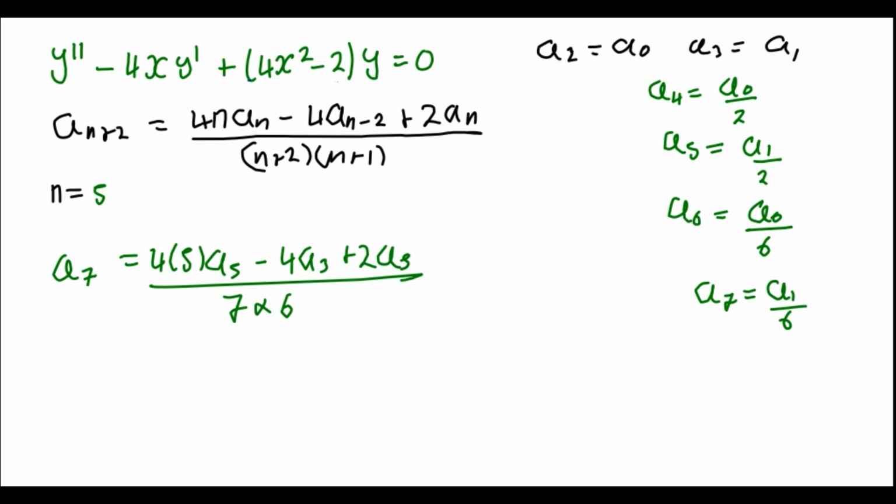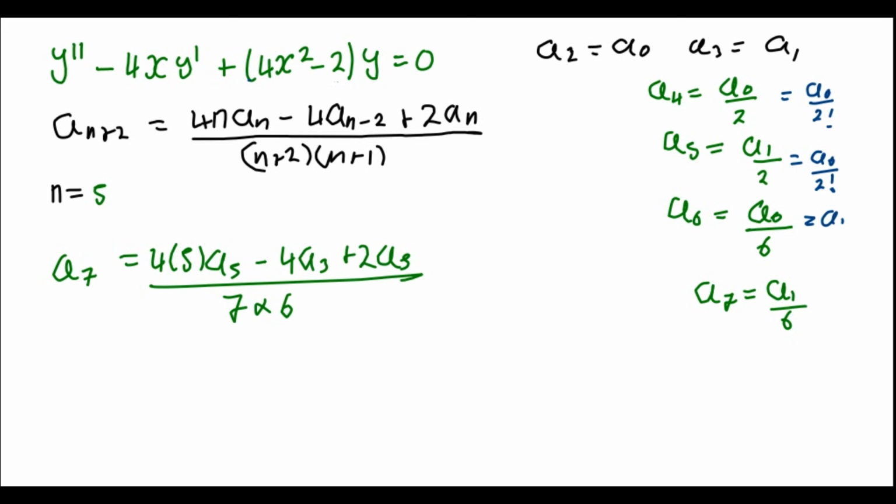And one thing that I observe here is that if you continue this, the next one, instead of being 6, is going to be 24. So it simply means I can write this as a sub 0 divided by 2 factorial. This will be a sub 0 divided by another 2 factorial here. Then this will be a sub 1.